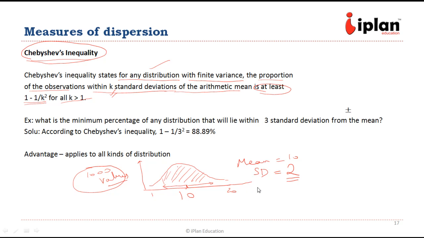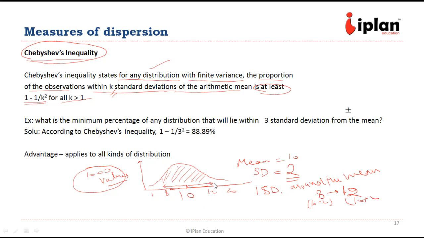Okay, so if we say one standard deviation around the mean, that says 8 to 12, that is 10 minus 2 to 10 plus 2. So if this is 8, this is 12, these values are one standard deviation left and one standard deviation right.